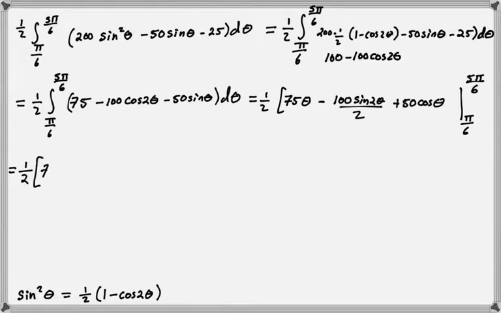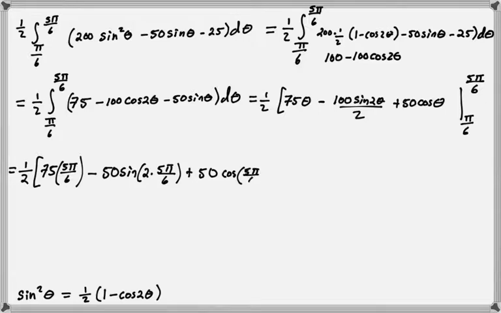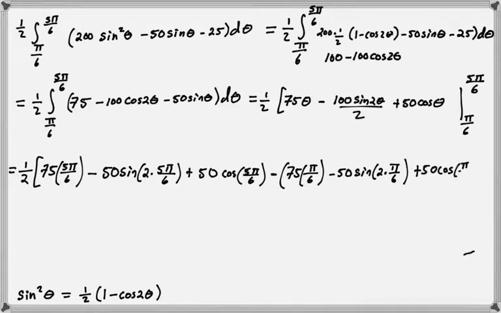So 1/2 times 75 times 5 pi over 6 minus 50 times the sine of 2 times 5 pi over 6 plus 50 cosine of 5 pi over 6 minus the quantity 75 times pi over 6 minus 50 sine of 2 times pi over 6 and plus 50 times the cosine of pi over 6.